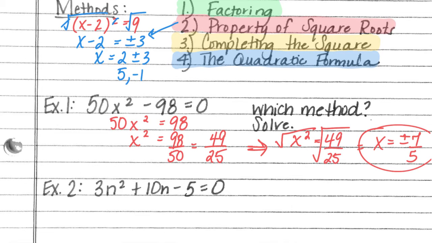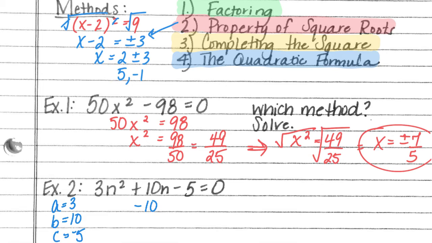Now this one, example 2, I'm thinking most of you would go for the blue, number 4, the quadratic formula. So let's go ahead. X is equal to opposite of b. Well, let's go ahead and name our a, b, and c. We're pretty used to doing that. A is 3, b is 10, c is negative 5.